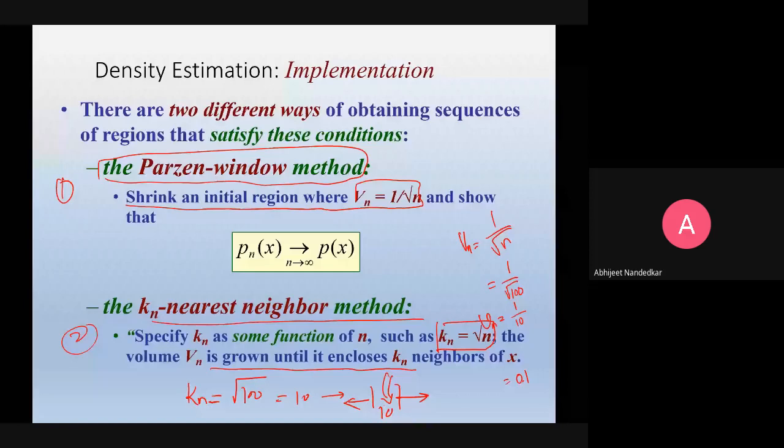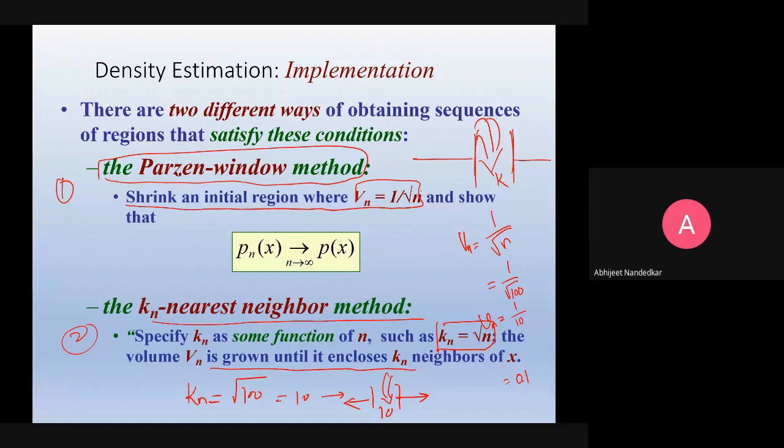In the Parzen window, we fix the window volume equal to 1 by root n and see how many samples fall into it.